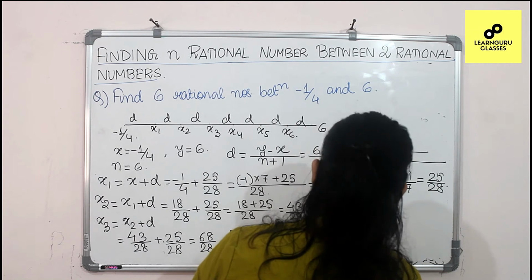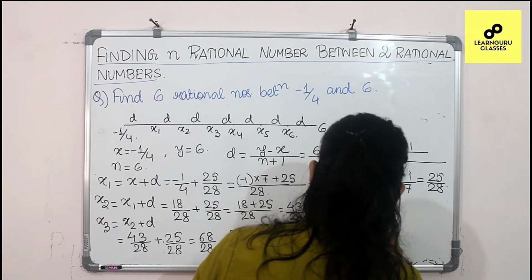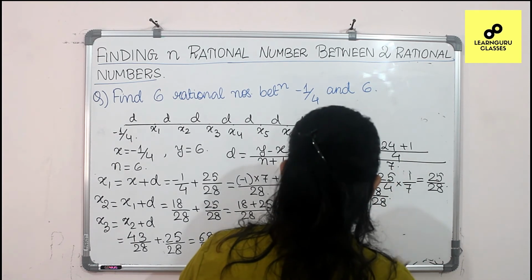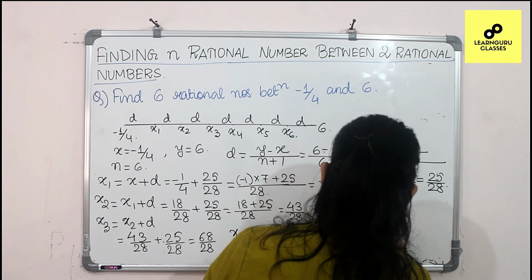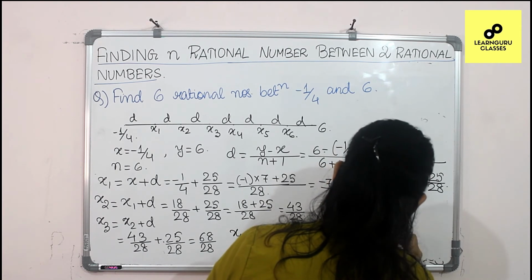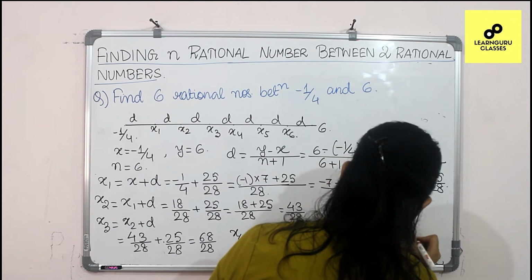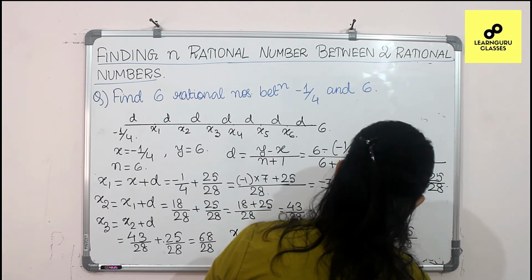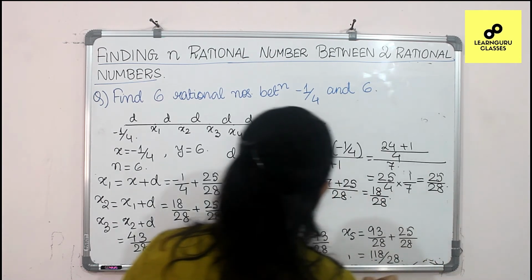x5 you are getting as 93 by 28 plus 25 by 28. So you are getting 118 by 28.